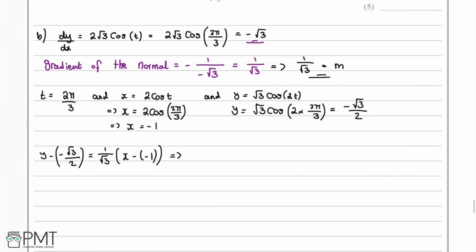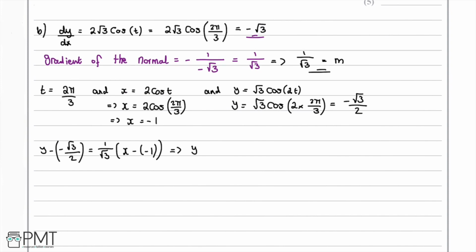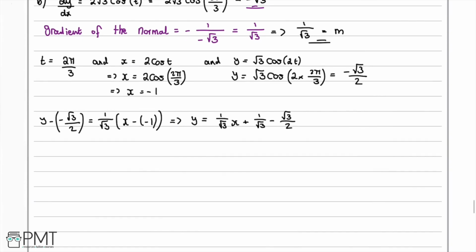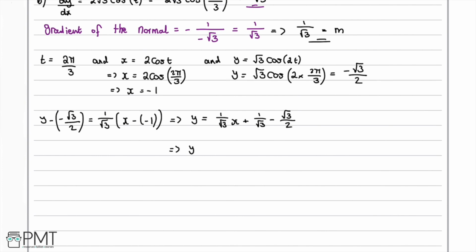So then this leaves us with y being equal to 1 over root 3 x, and then we multiply 1 over root 3 by 1, so that will give us plus 1 over root 3, and then we subtract root 3 over 2, and then simplifying this, we have y is equal to 1 over root 3 multiplied by x, and then we subtract root 3 divided by 6.